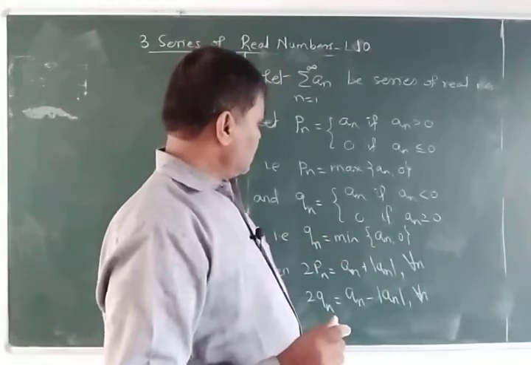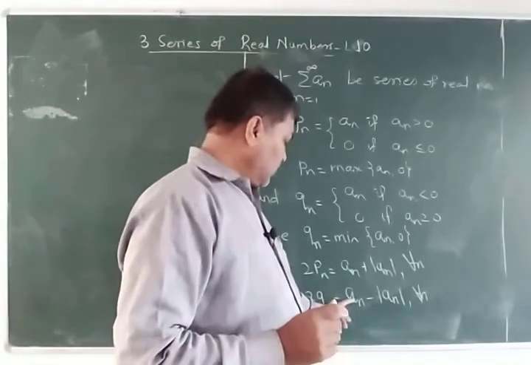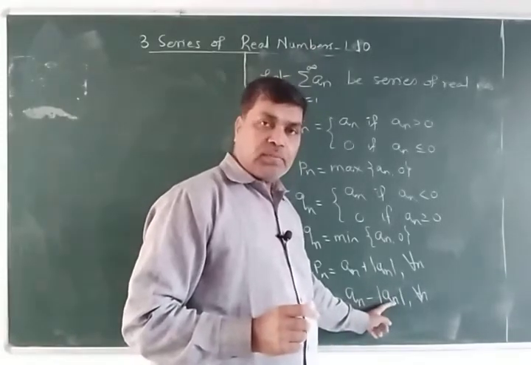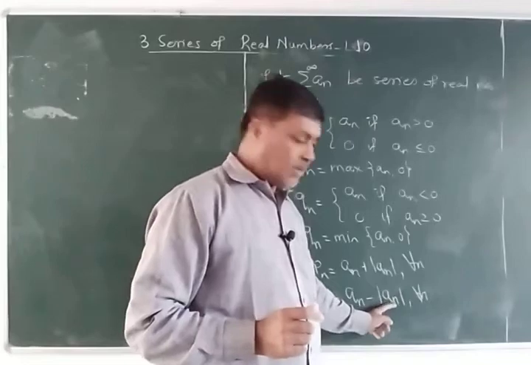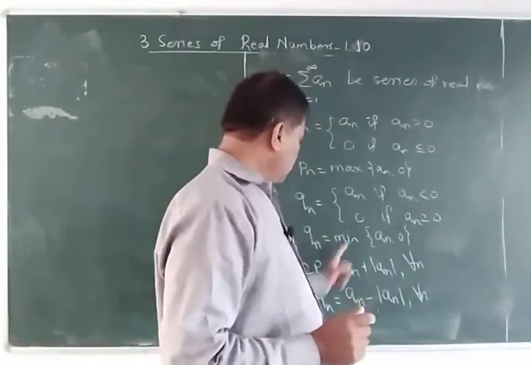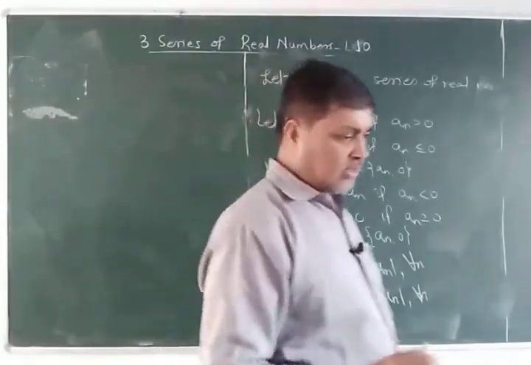And if a_n is a positive number, then mod a_n is a_n itself, and a_n minus a_n is 0. So your Q_n is 0, and 2 times Q_n is also 0.